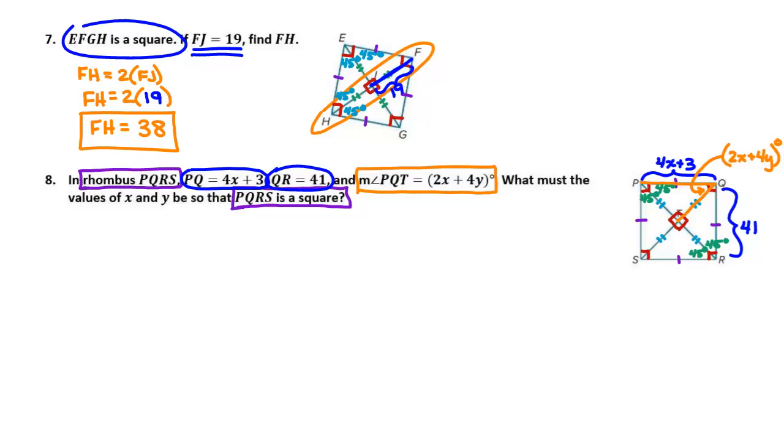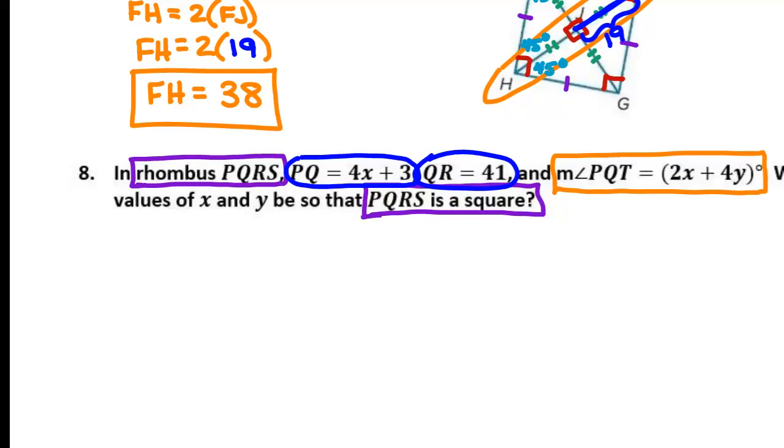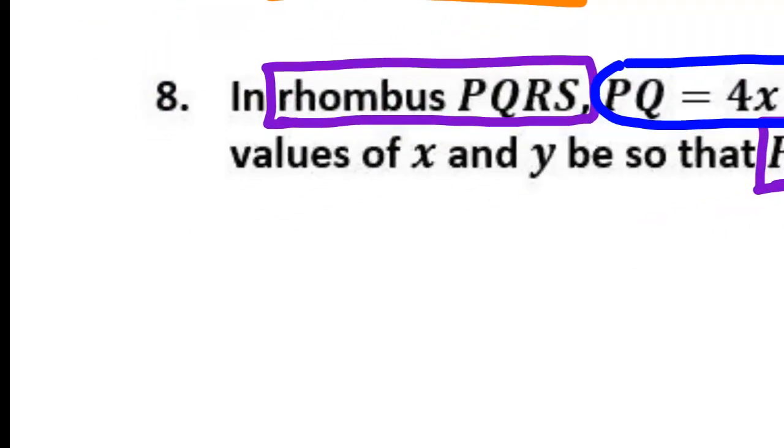That expression has both an x and a y in it, so I'm not going to be able to solve that first. I have to know either what x is or what y is. Do I have enough information to figure out what x is? Yes. What can I use to find x? 4x plus 3 and 41. And what can I do with those two?